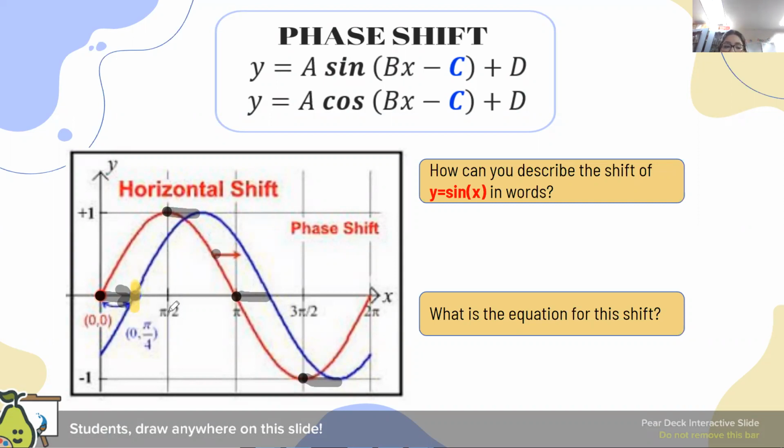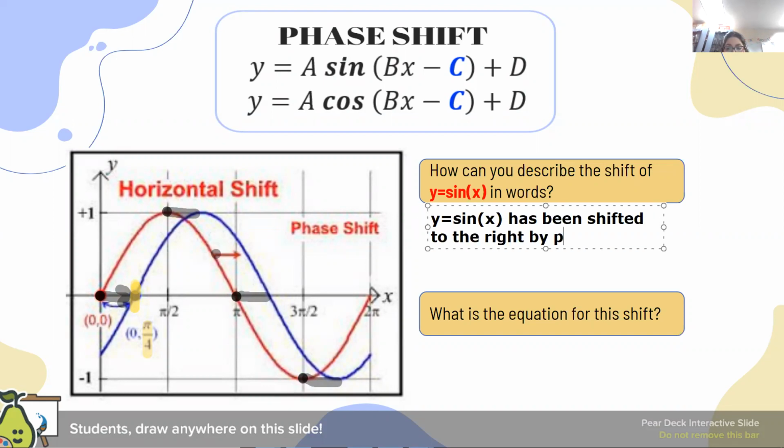However, it's halfway between 0 and pi over 2, and halfway is pi over 4. So if I were to describe this phase shift in words from y is equal to sine x, I would say that y is equal to sine x has been shifted to the right by pi over 4 units. That's how I would describe that shift.